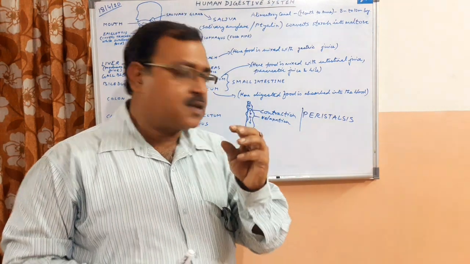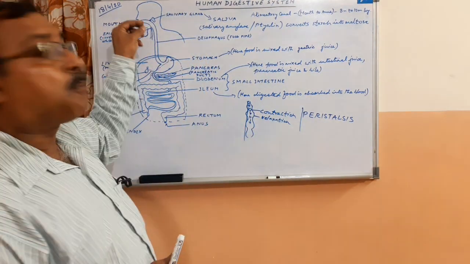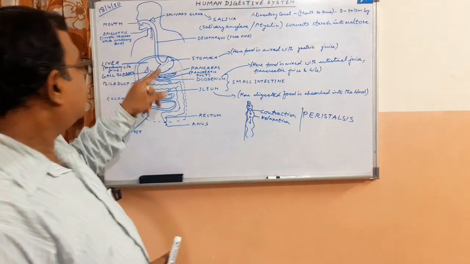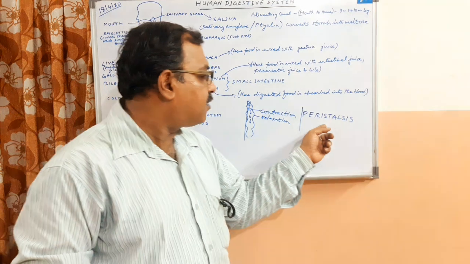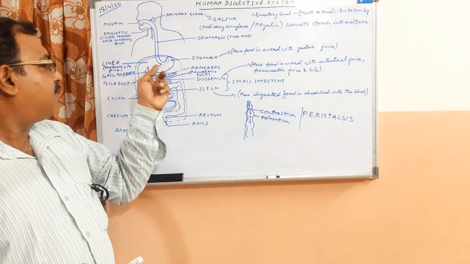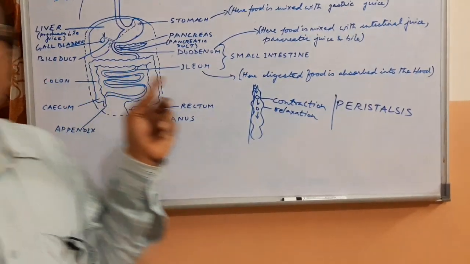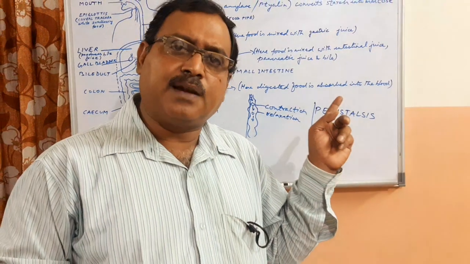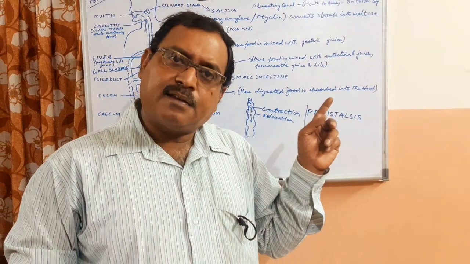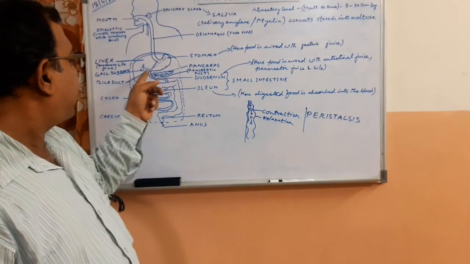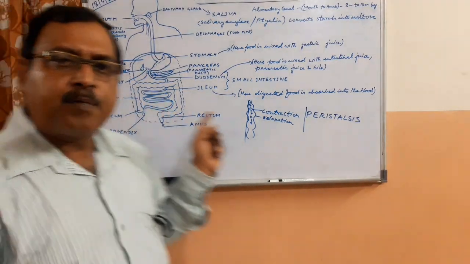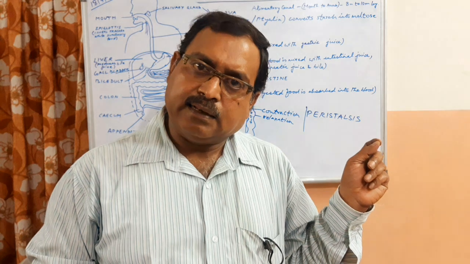This helps the food to get propelled through the esophagus right up to the stomach. Now, this peristaltic movement is also found in all parts of the alimentary canal. Remember, all parts of the alimentary canal. Clear? Food goes through the esophagus, then again from the stomach, as it passes to the intestine, that type of peristaltic movement will be seen. Clear?